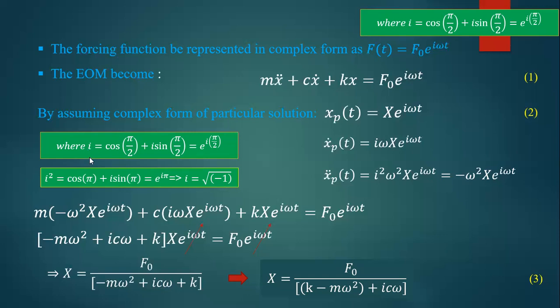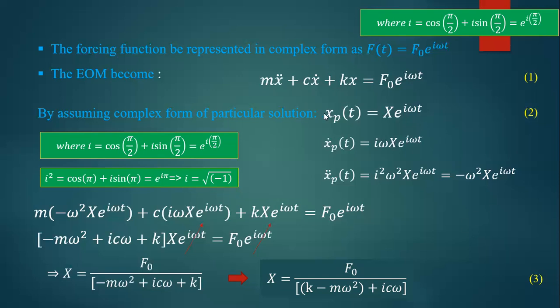This is the definition of i. As we know, the number within a radical is not normally negative, but in the complex form of representation, the square root of minus 1 represents i.